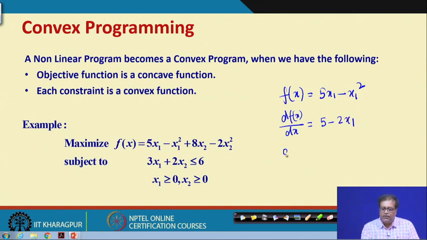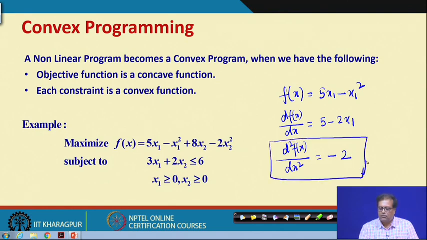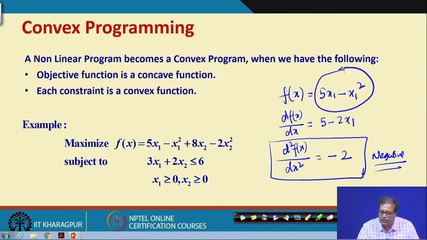What is the second derivative? The second derivative will be minus 2. So, this is negative, which means that this portion is concave.